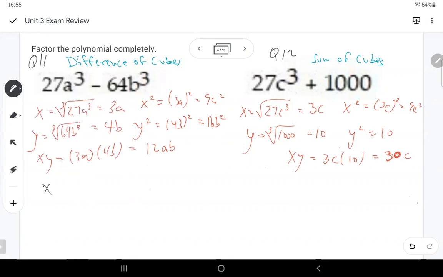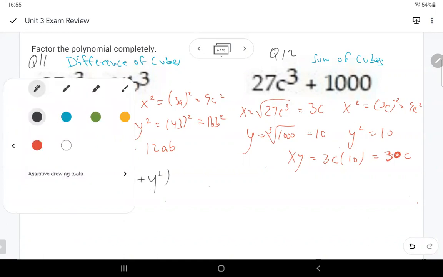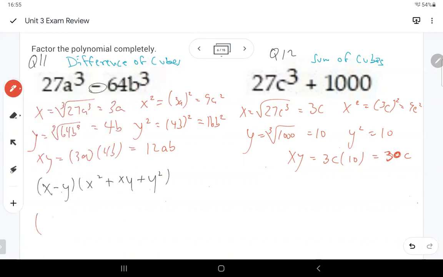So remember, it comes straight from the sign. So x minus y. Then we'll have x squared. Change the first sign to a plus. xy, always positive. Okay. If you say that to yourself every time, you're going to get it. So here we just literally fill them in. x, y, x squared, xy, y squared.